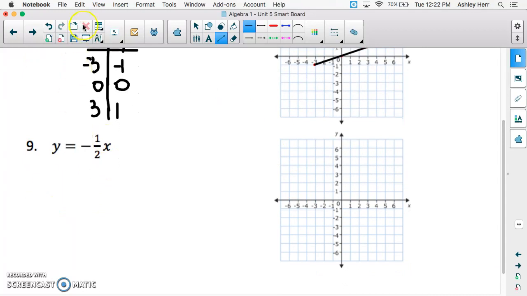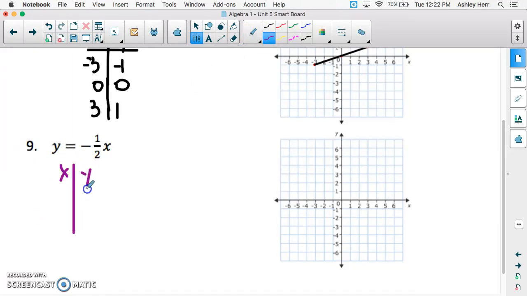Down here, when I use my x and y's table, I'm going to choose numbers that make my life easy, so I'm going to do -2, 0, and 2. -2 times -1/2 is going to give me a +1. 0 times -1/2 is going to give me 0, and 2 times -1/2 is going to give me a -1.